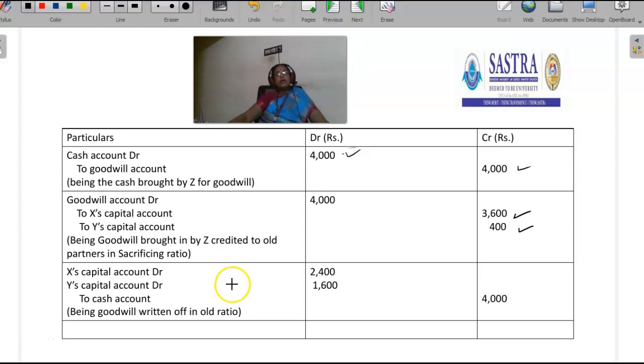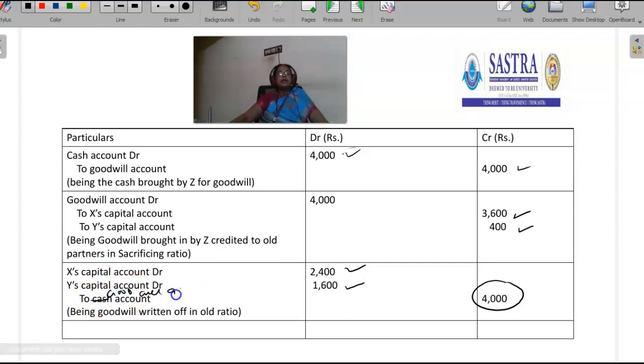And then the old goodwill account which appears in the balance sheet is 4,000 rupees. So X's capital account debit, Y's capital account debit, to goodwill account. That is written off. For that the entry is X's capital account debit, Y's capital account debit, to goodwill account.